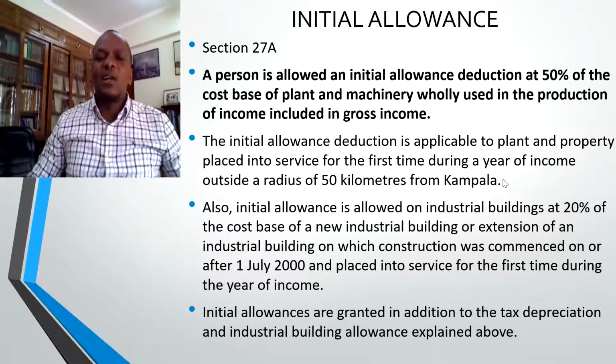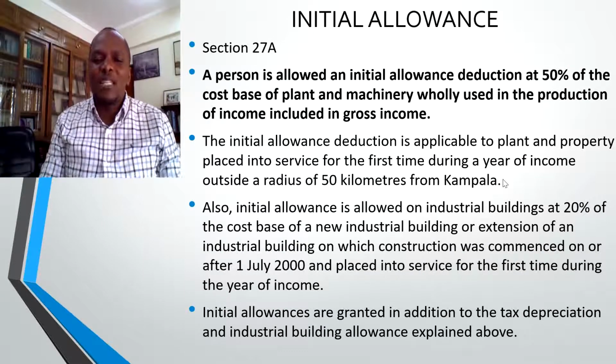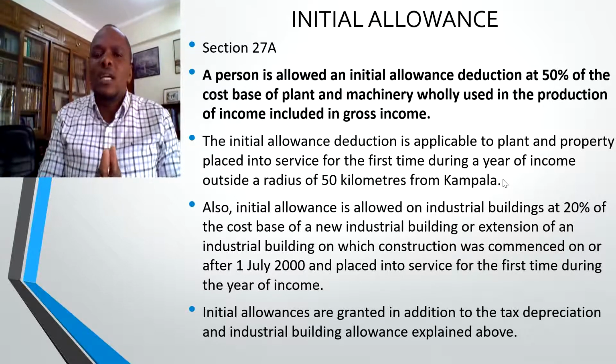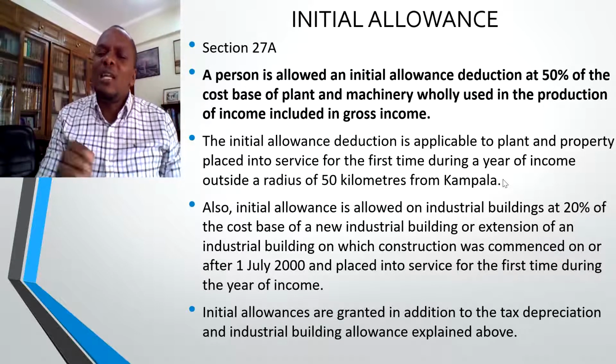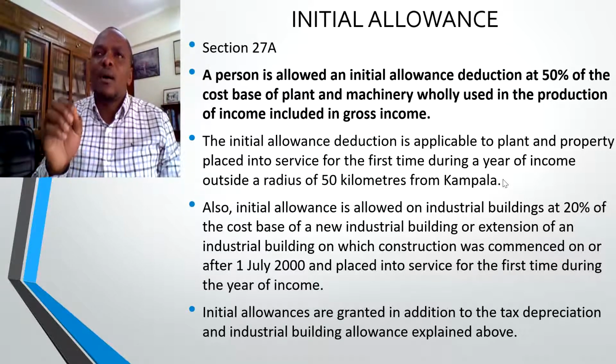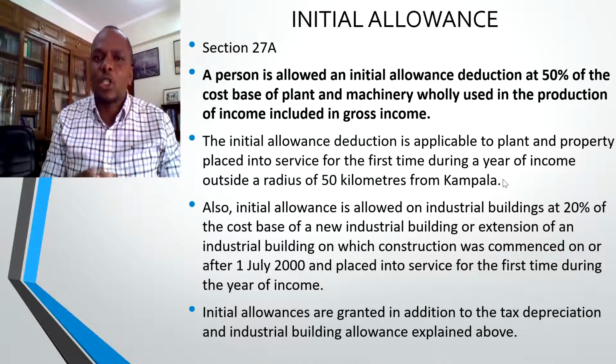Let us proceed and look at another allowable deduction. Please note, before I move on to initial allowance, at the beginning of this course, we talked about the general deductions.